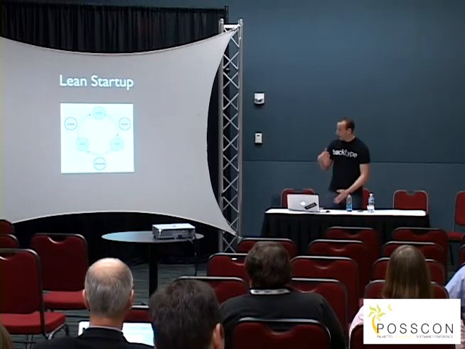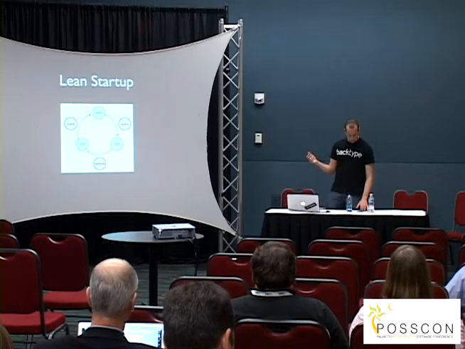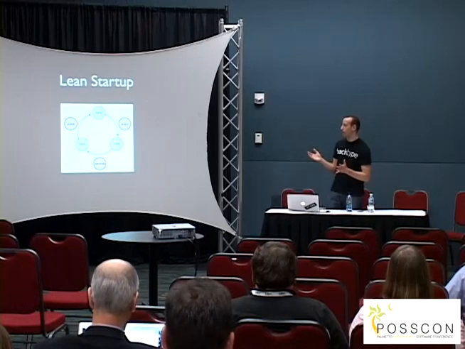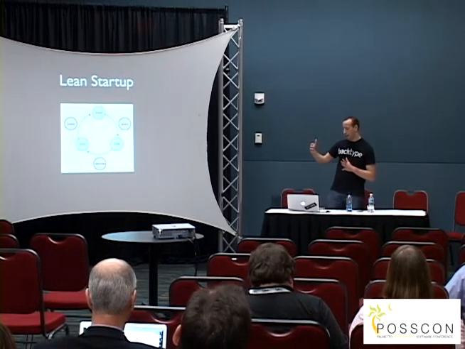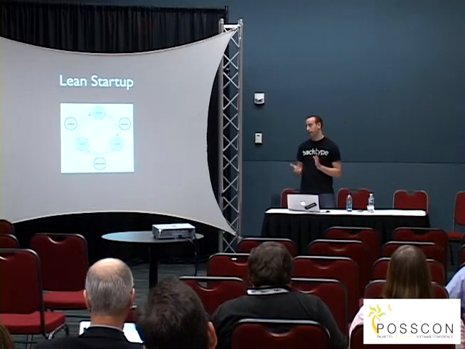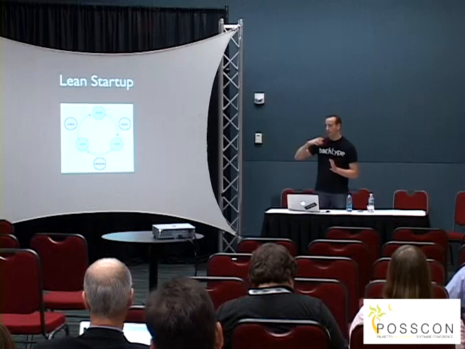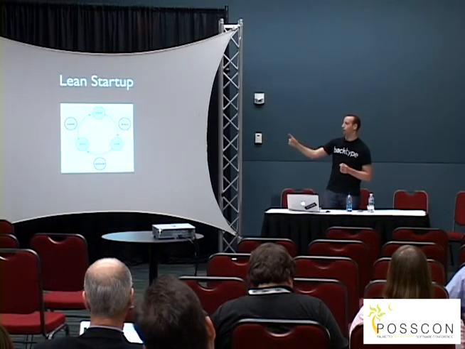So the things I've been showing you are all aspects of this idea of the lean startup, right? The whole idea behind a lean startup is you tightly integrate product feedback and customer feedback into your development cycle. When you listen to Eric Ries speak, he would say you have this build, measure, learn cycle.